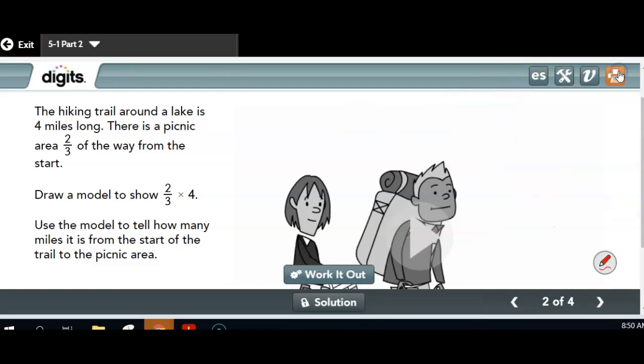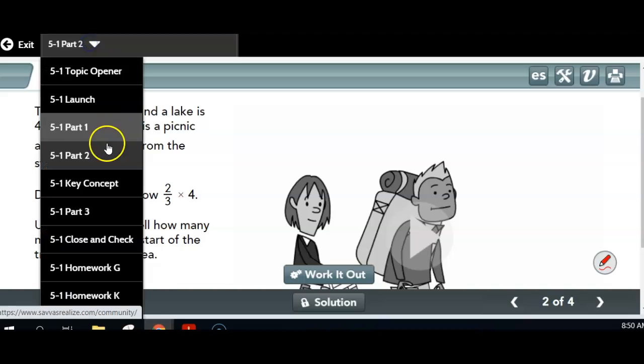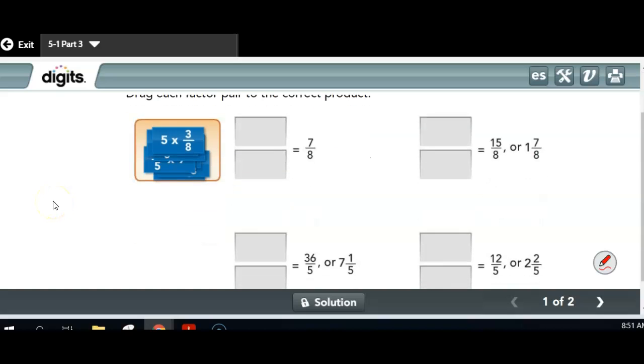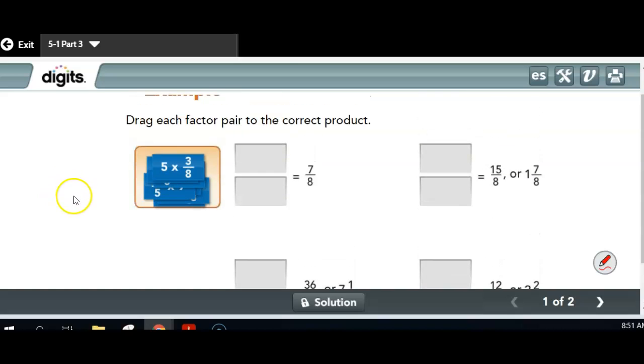We're going to skip the key concept because that is what we just went over. So go ahead and flip it to the back. You have part 3. Okay, part 3. I want you to go ahead and solve 5 times 3/8.